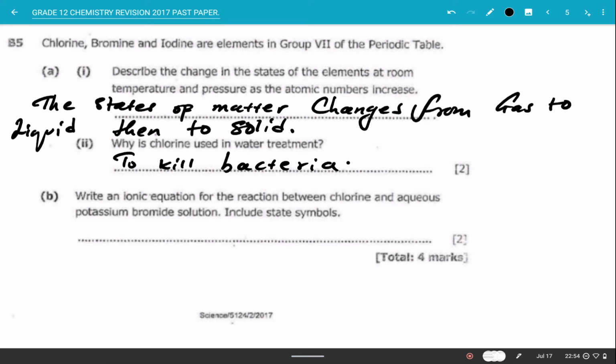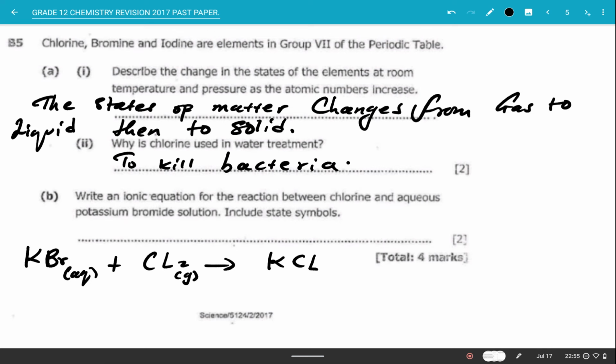So it's going to be KBr. Remember, this is a solution, so it's aqueous. Then reacting with chlorine, it's a gas, we put a 2, gas state. Now what will happen is that potassium, once it reacts with chlorine, will form potassium chloride. For you to know how the potassium chloride will be made, you do the same thing, you do a crisscross.